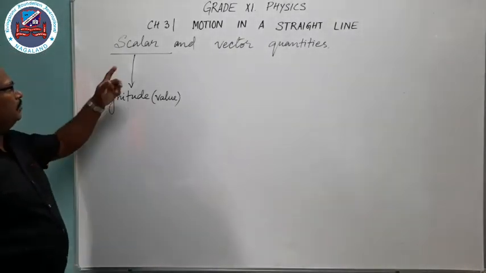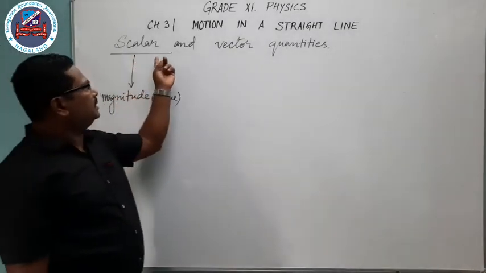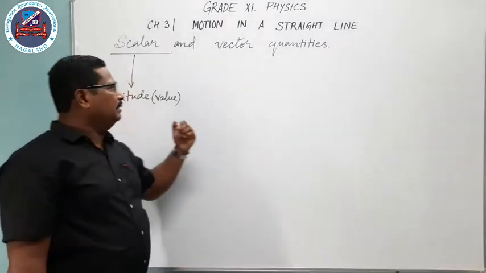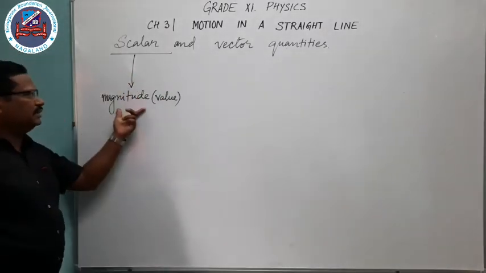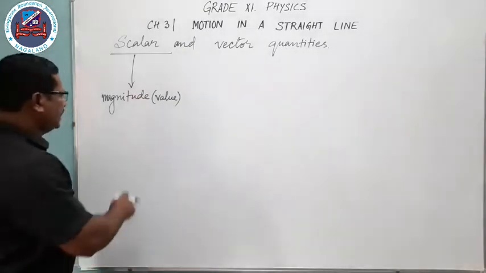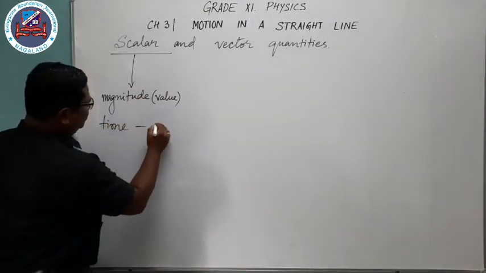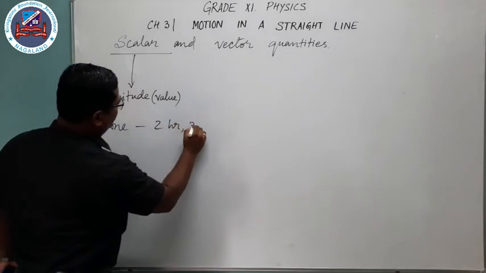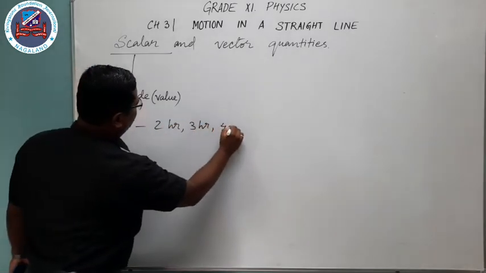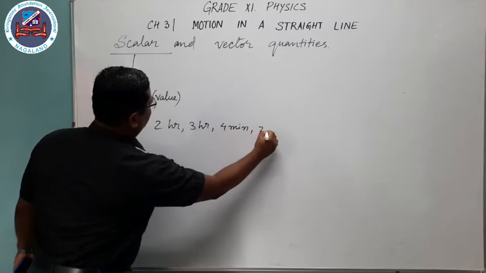Here physical quantities are of two types, scalar and vector. When you say scalar quantity, it has its magnitude, like say time. Time is a scalar: 2 hours, 3 hours, or 4 minutes, or 2 seconds.